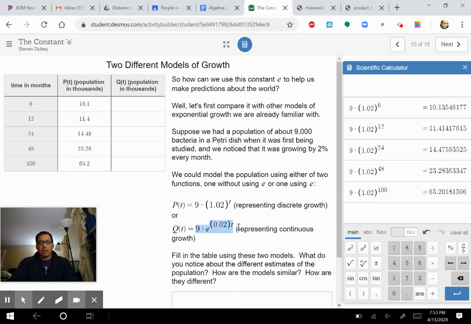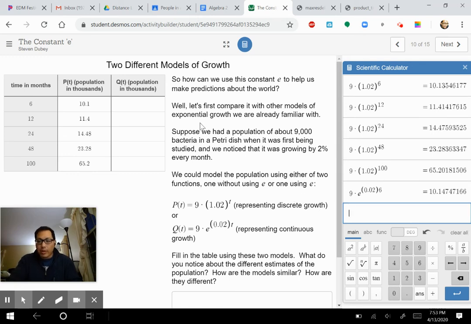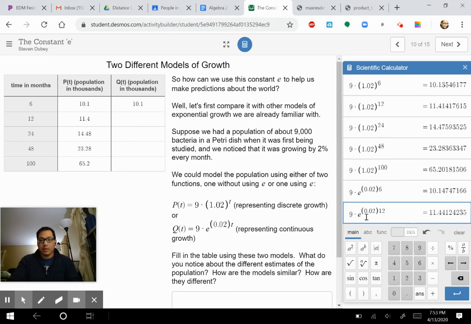What about with this e? With this e craziness? Well, we're going to plug in the same kind of thing. When we do this, we put in 6 months, we get 10.1. Okay, so looks about the same, right? How about after 12 months? 11.44. Yeah, I should have gone out another decimal place. Here we got 10.13, 10.14.